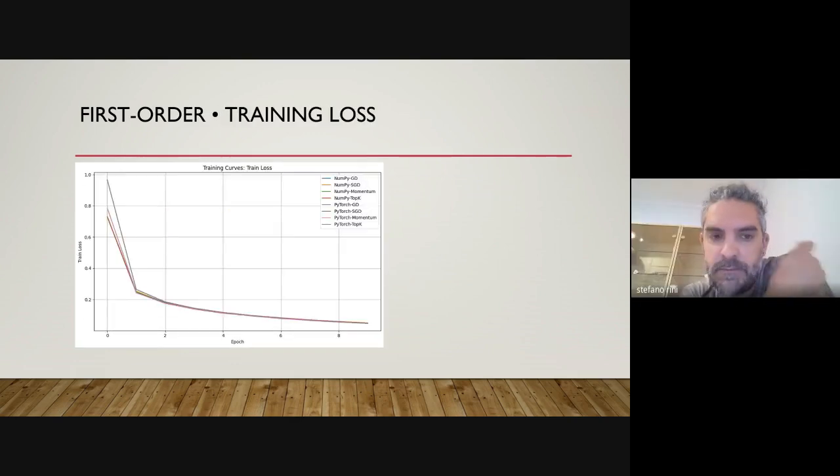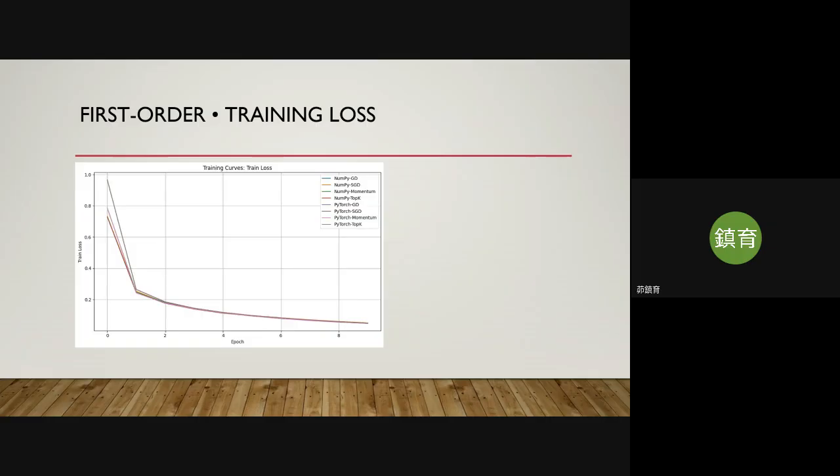BCE, misclassification error, F1 score? What is the loss here? I'll have to check the code. Which optimizer is it? No, just in general.